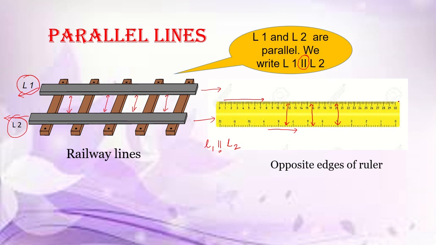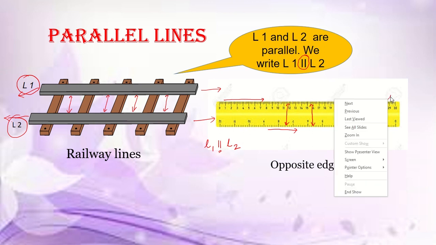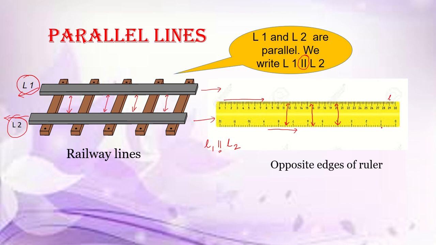So in this, suppose I give the name L to this edge and M to this edge. So how will you write it? I will write L is parallel to M. Whenever you talk about parallel lines, you have to give an example of lines.